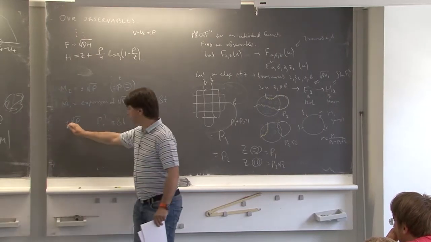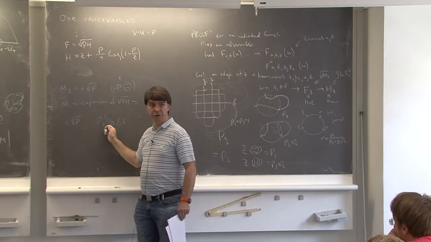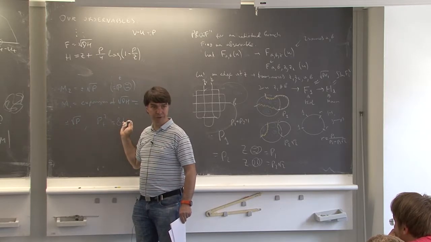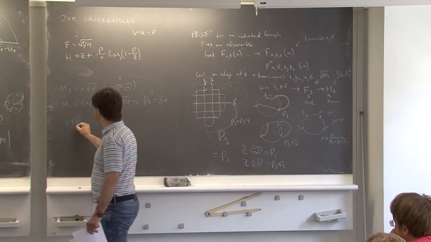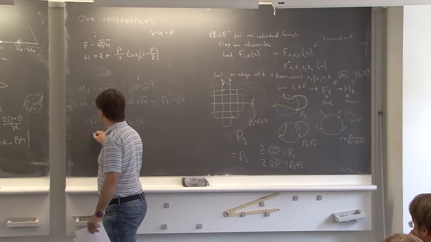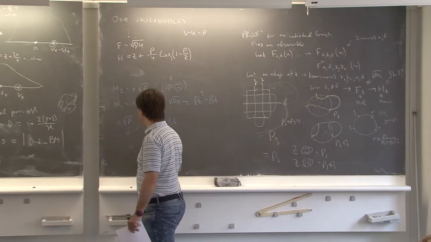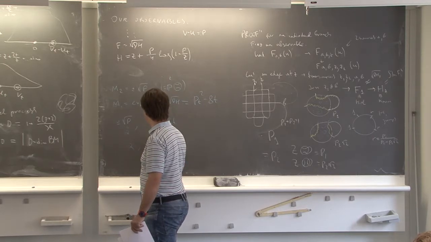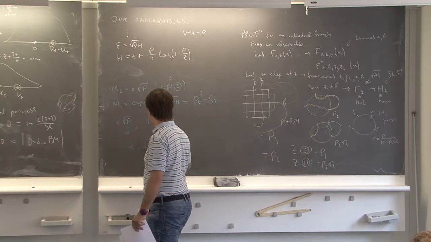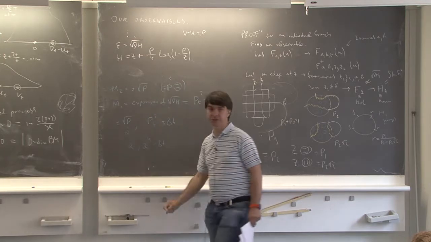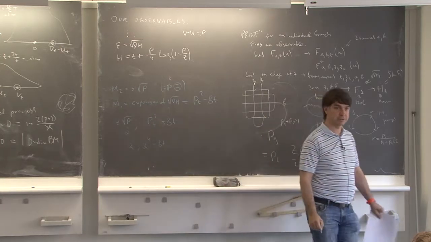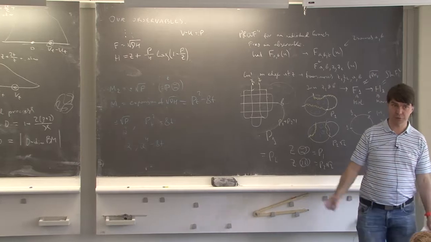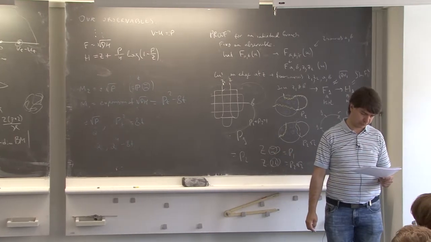But if it would have been p, you get a Brownian motion. But if I denote square root of p by, let's say, q, it means that q is a martingale, and q to the power 4 minus 8t are martingales. So it's not Levy's theorem. It's different from Levy's theorem, because there is a power 4.